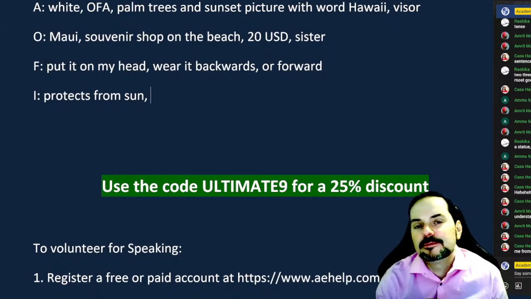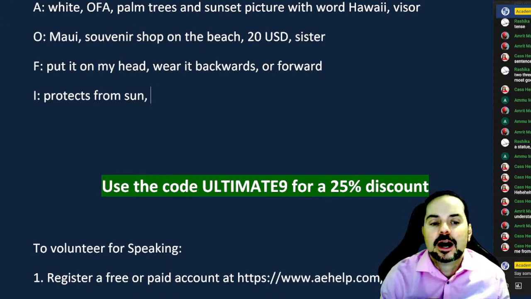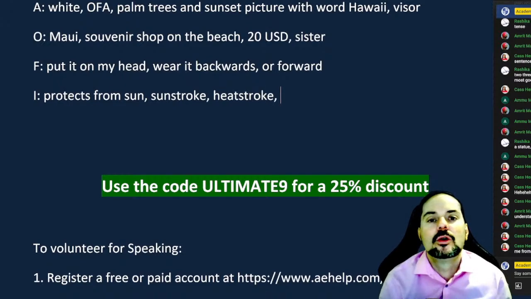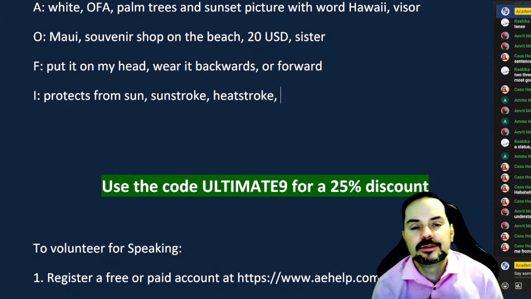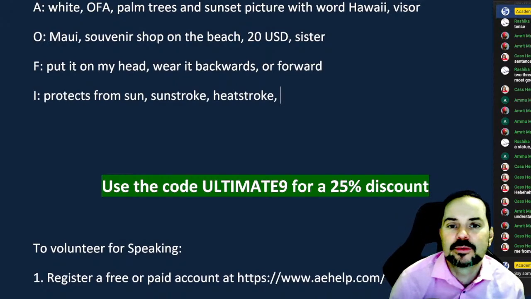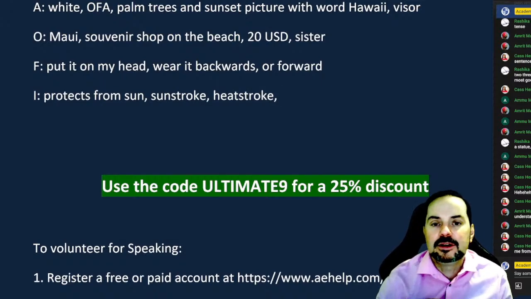Now, protecting from the sun, that's something that you might remember without writing it into your notes, but you might remember words like sunstroke or heat stroke. If you get too much sun or if your head becomes too hot, you can get what's called sunstroke or heat stroke, and that's where you get really dizzy and then you pass out. And maybe you remember that, oh yeah, it protects my eyes.